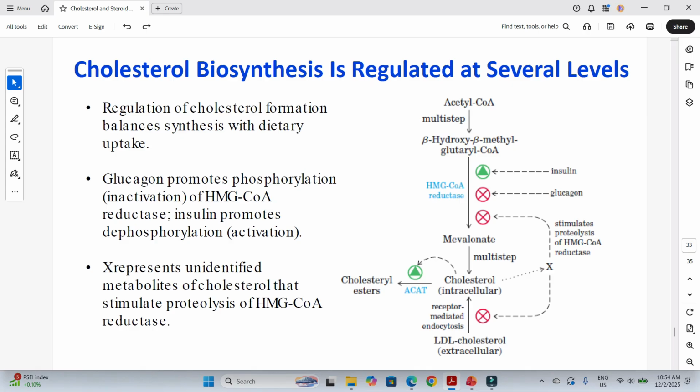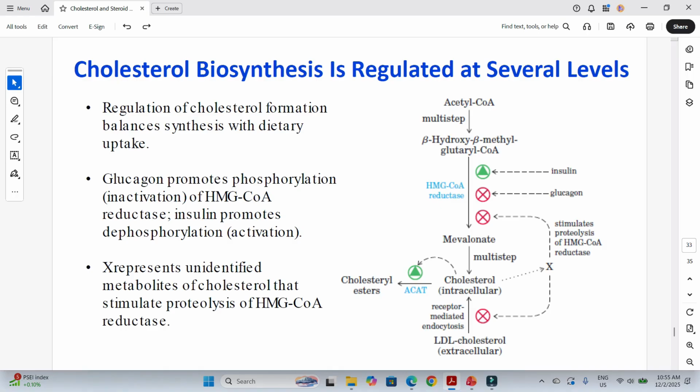I'm not sure if they were already able to identify it, but this is an unidentified metabolite that essentially inhibits cholesterol biosynthesis. It degrades HMG-CoA reductase, which leads to the lowering in the rate of cholesterol biosynthesis.